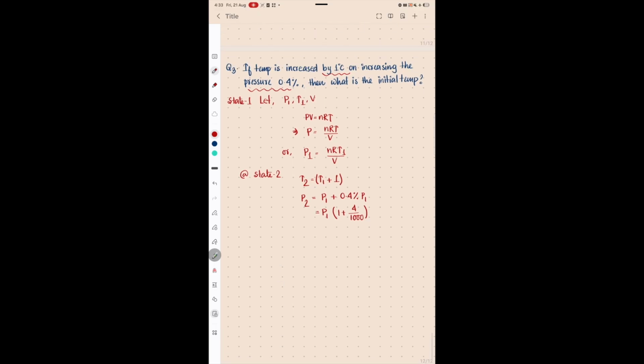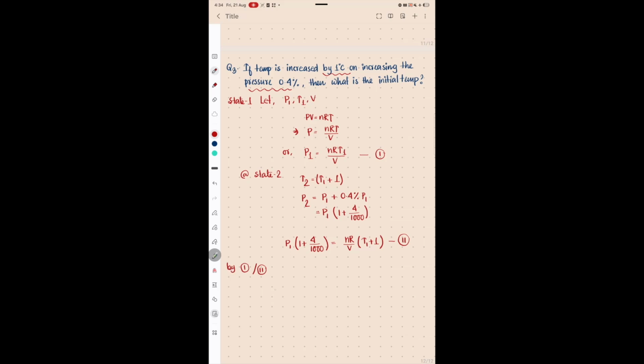Now what will the equation of state become? It will become P1(1 + 4/1000) = (nR/V)(T1 + 1). This was your initial state, this was your final state. Now we can do equation 1 by 2.